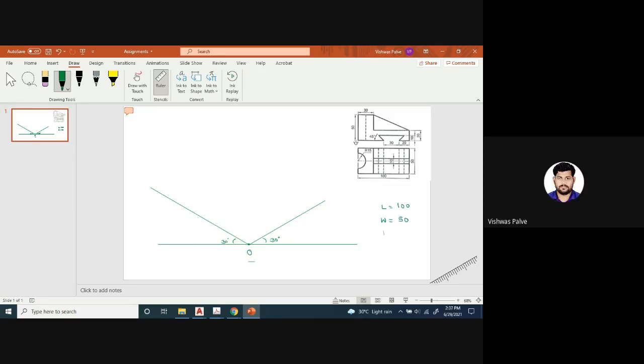And maximum height is 50 millimeter. With the help of this, we found that maximum length is 100 millimeter, width is 50 millimeter, and height is 50 millimeter. This will represent our height, this our width, and this our length, because this is the front view and the top view is given.